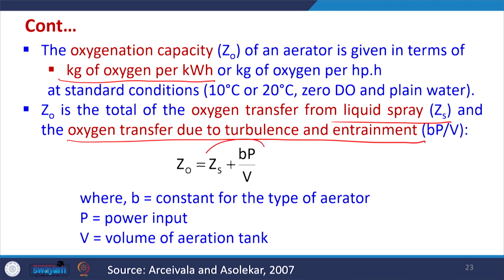When both factors are combined together we get Z0. In this equation B is a constant for the type of aerator, P is the power input and V is the volume of the aeration tank. So, we need to know the value of B, and once it is known we can find out the value of Z0.